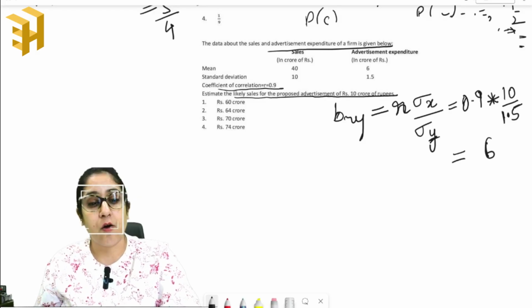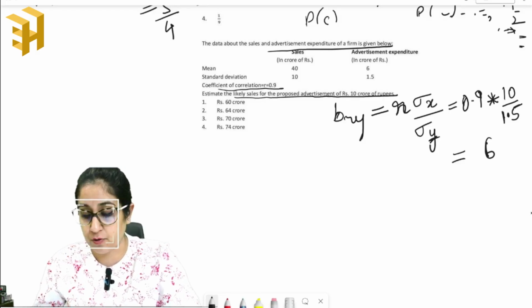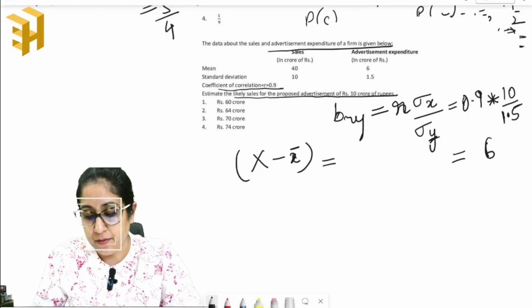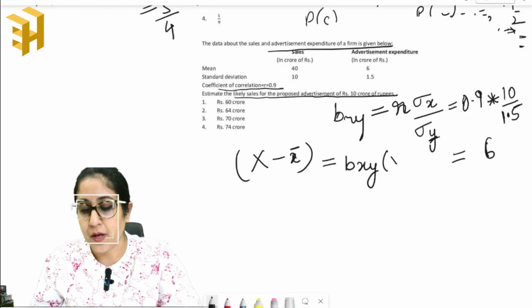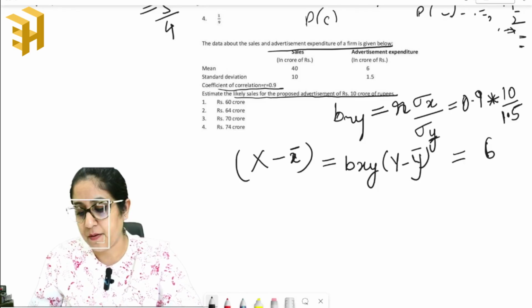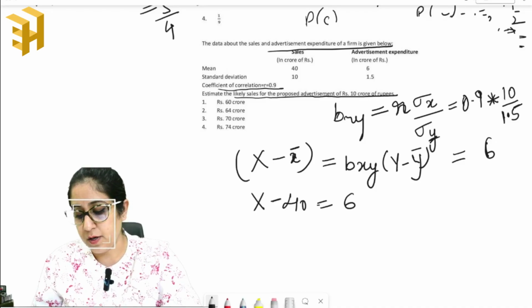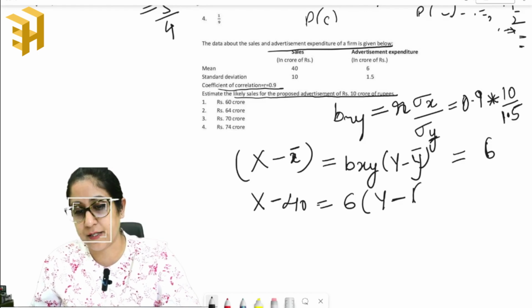Now we have to estimate the likely sales for the proposed advertisement of 10 crores. So first we need to find the equation. X minus X mean is equal to BXY multiplied by Y minus Y mean. So X mean is given as 40, equal to 6 multiplied by Y minus Y mean, which is given as 6.